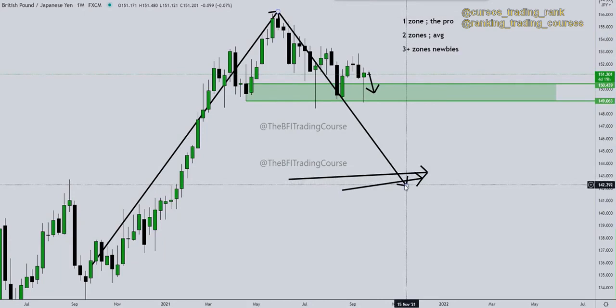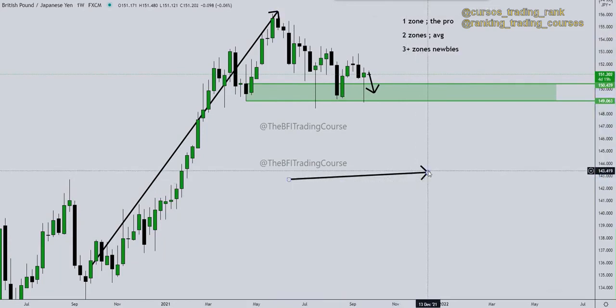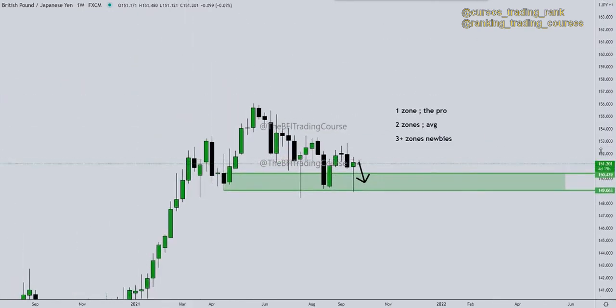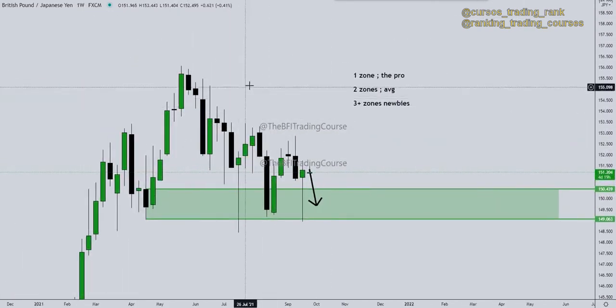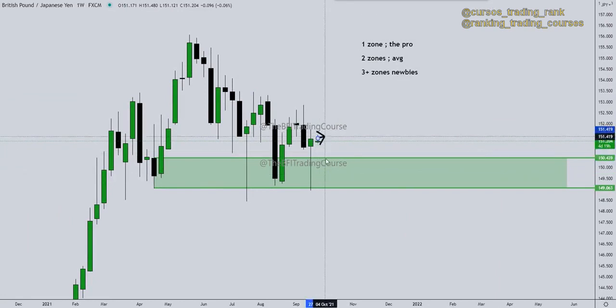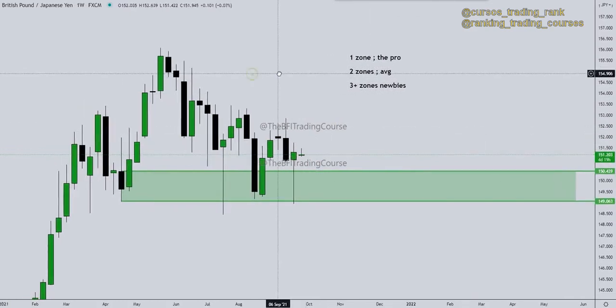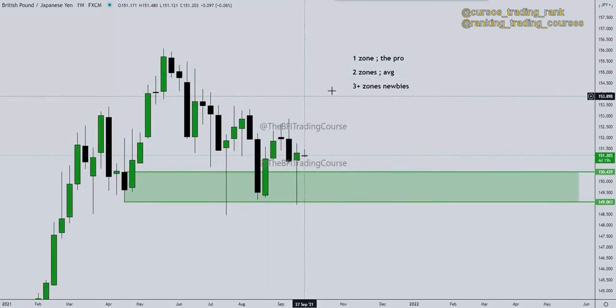So it's not a big surprise if it wipes out this weekly zone, which it may do. Probabilities. And you could trade the wipeout on your micro. We're not here to teach how to trade the wipeout, but this is the situation of it over here.